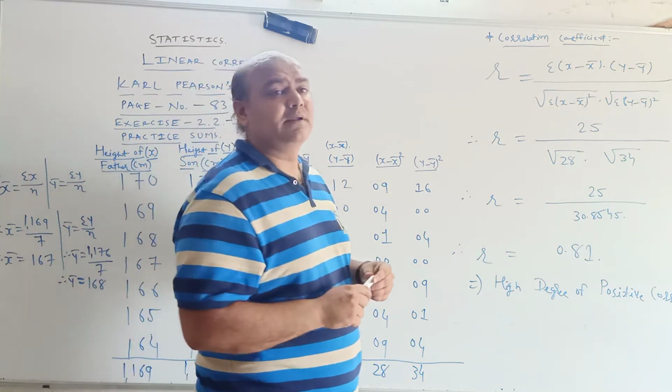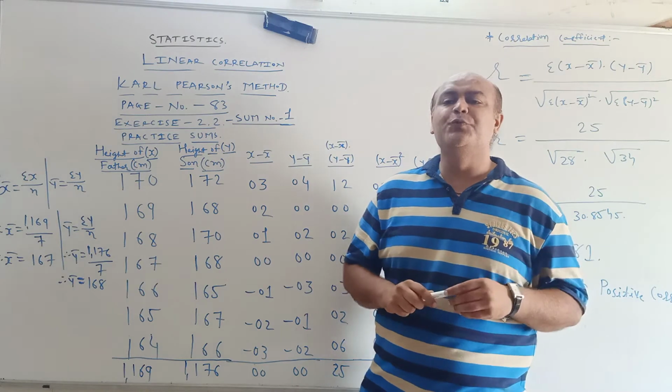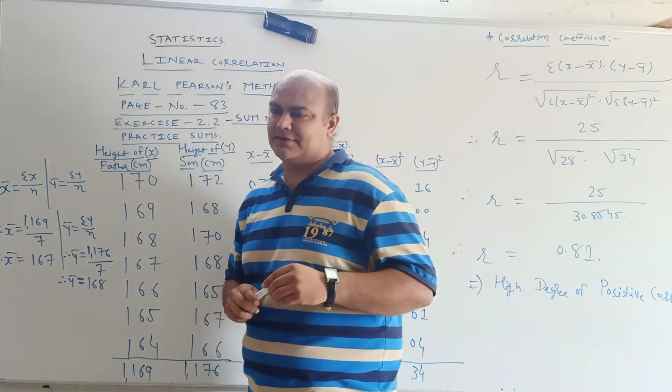The third method of Karl Pearson is the UV method or shortcut method.